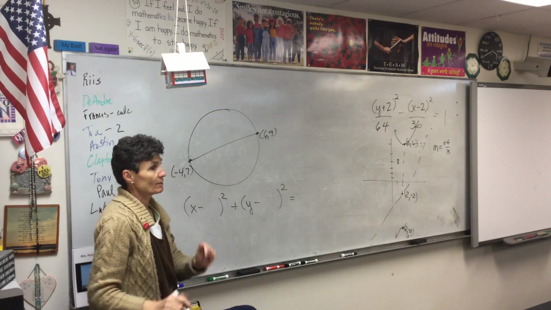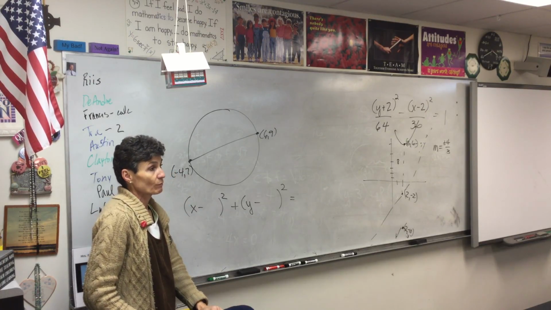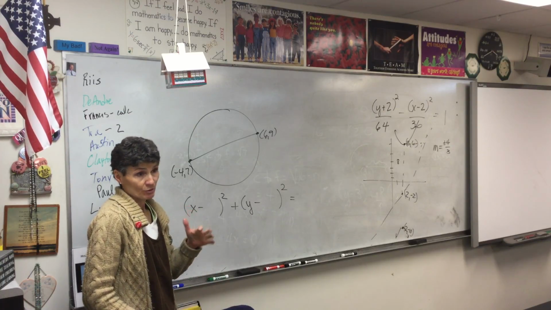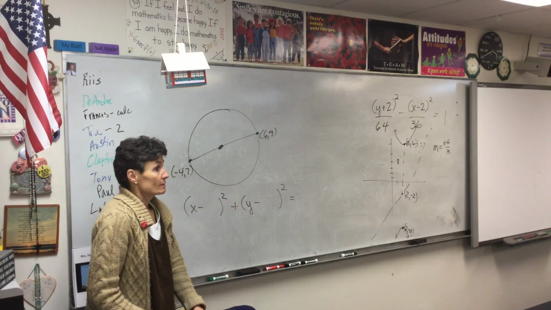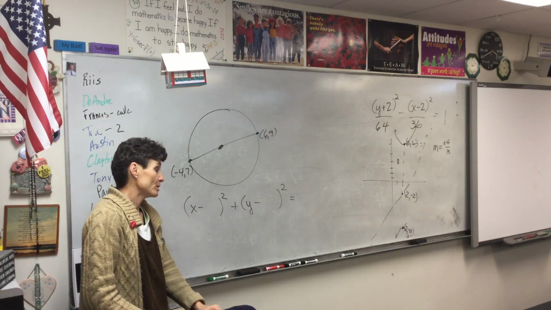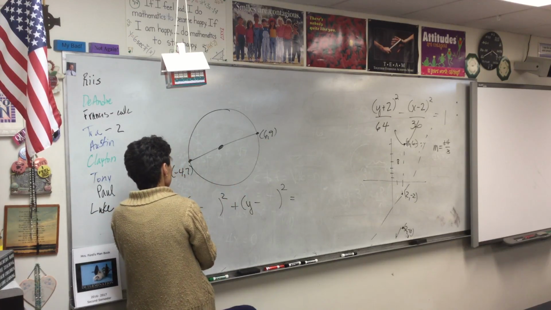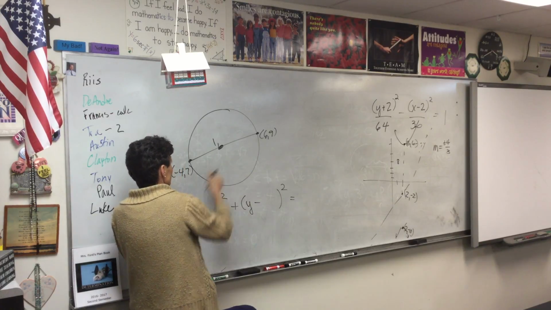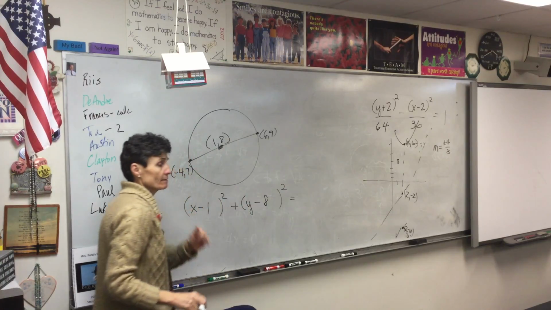Remember the tricky one we did right before lunch? It was tricky because I gave you the endpoints of a radius. If I give you the endpoints of a diameter, there's no tricky. You know exactly what the center is, right? It's the midpoint, the average of those. So -4 and 6, the average would be 1. And 7 and 9, the average would be 8. So your center is at 1, 8.